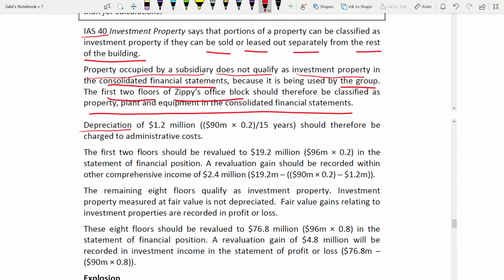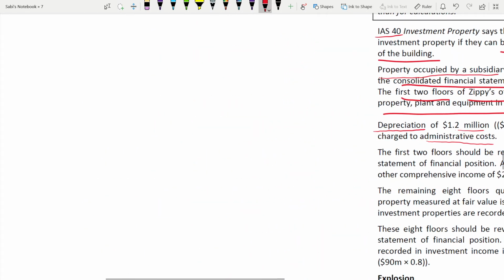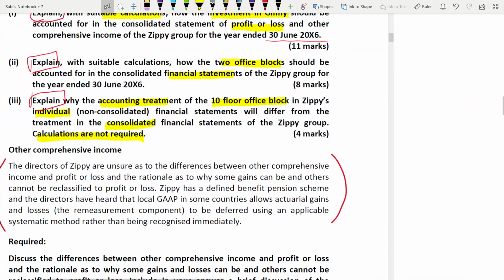How much? It is 1.2 million. And where is it charged? Depreciation is charged to admin cost. It is given in the case, I think.